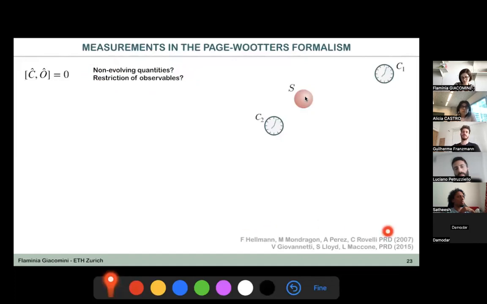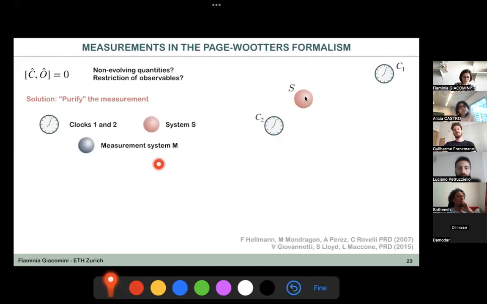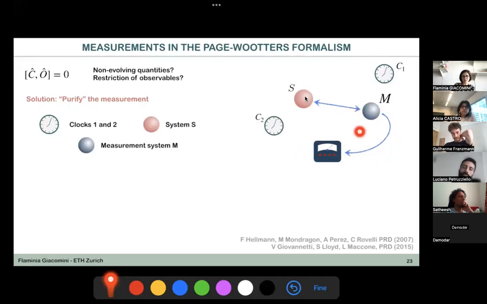Here, I want to consider something that was discussed in these two papers, which is basically a purification of the measurement. Imagine that I have two clocks and some system S that I want to measure. Then I add a measurement system M that interacts with this system S, and I record the result of my measurement in the measurement device.